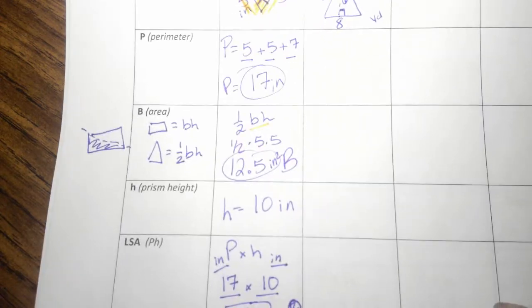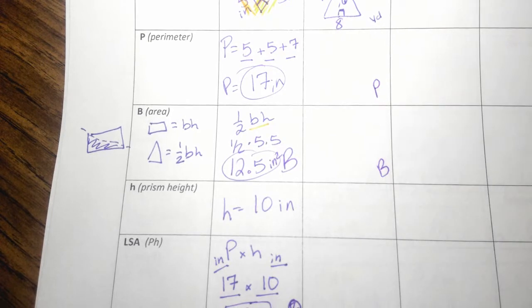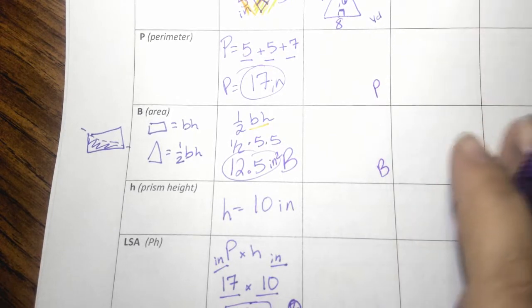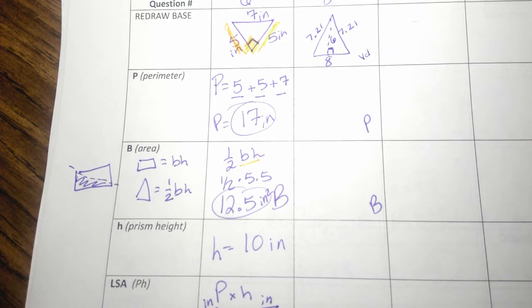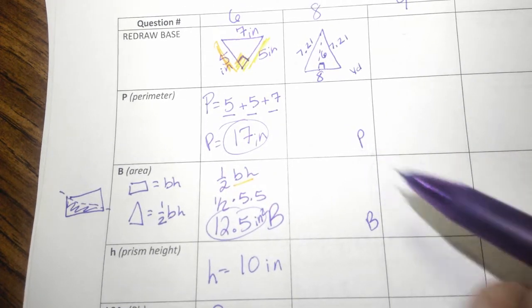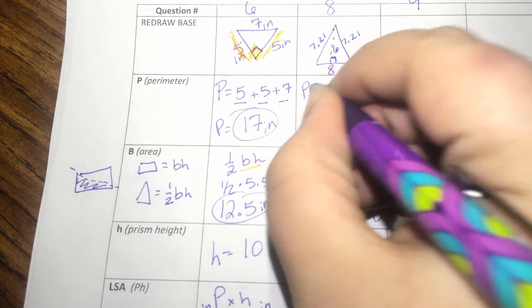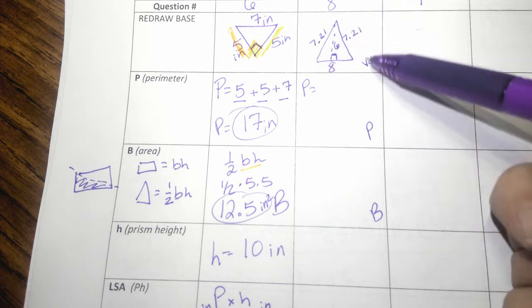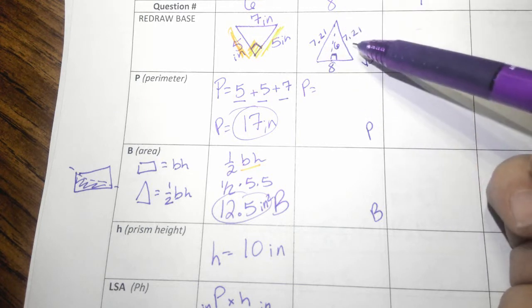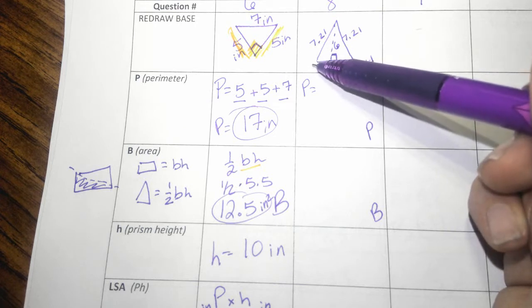I would pause the video and see if you can find big P and big D on your own. I'll look through it so you can check to see if you've got the right answers, but I'd encourage you to pause the video and try to find those on your own. Okay. P is when we add all of the sides from the triangle together. Remember, perimeter is the outside edges, not the inside.